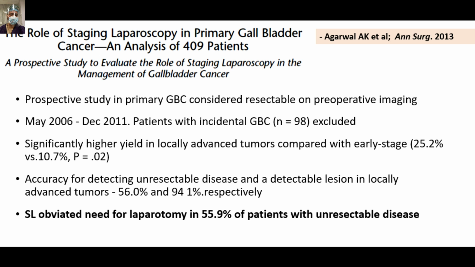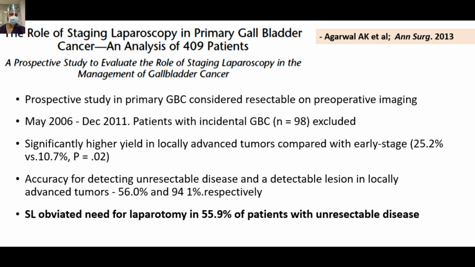They showed that there was higher yield in locally advanced tumor compared with the early stage. That is, the yield of staging laparoscopy detecting mets was higher when the patient had a locally advanced gallbladder tumor, that was 25 versus 10%, which was a significant finding. The accuracy of detecting unresectable disease in locally advanced tumor is 56% versus 94%.